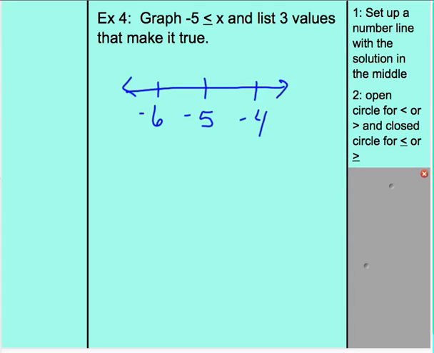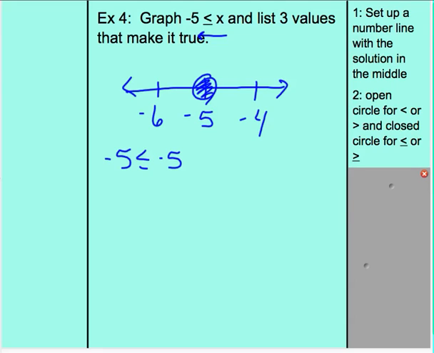This time we have x is greater than or equal to -5. Notice that I read this inequality backwards, starting with the x, and the inequality is open towards x, so x is greater than. But the or equal to means we will close in our circle, because if we substitute -5 for x, that statement is true. -5 is less than or equal to -5.